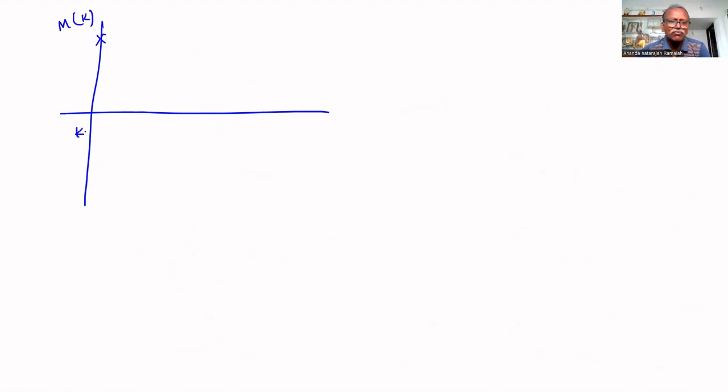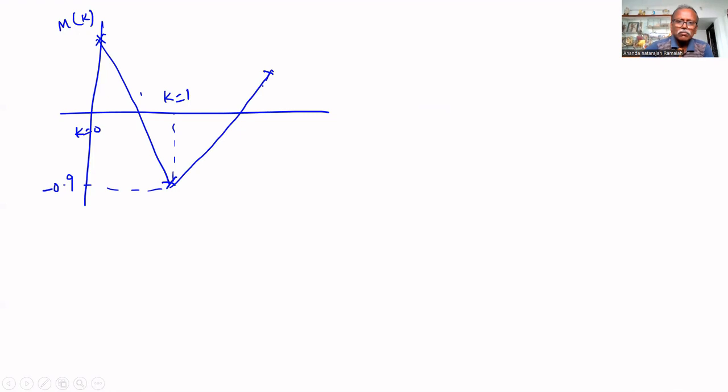So if you plot this controller output M of K, initially when K equals 0, it is 1. Then it becomes minus 0.9 when K equals 1. Then K equals 2, what is the value? 0.81, but positive.